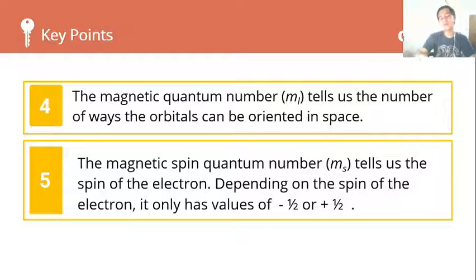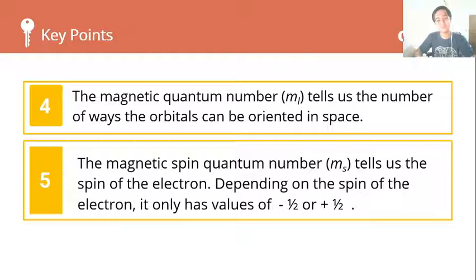Okay, so what is the importance of this? In analogy, no two families who have no affiliations would have the same address. My address would be different from your address. We may have the same street, we may be in the same subdivision, we may be in the same city, but we won't have the same address, right?